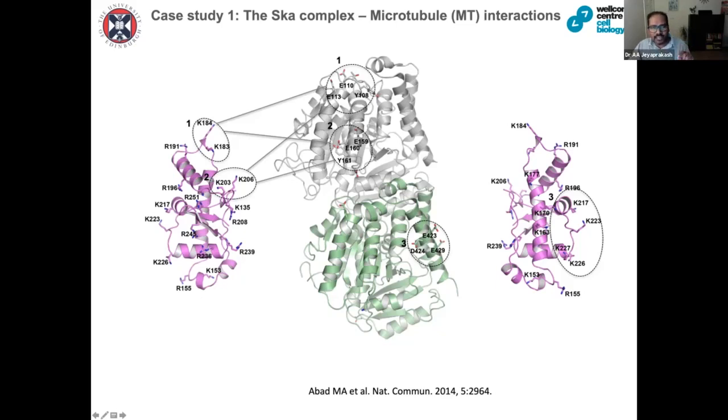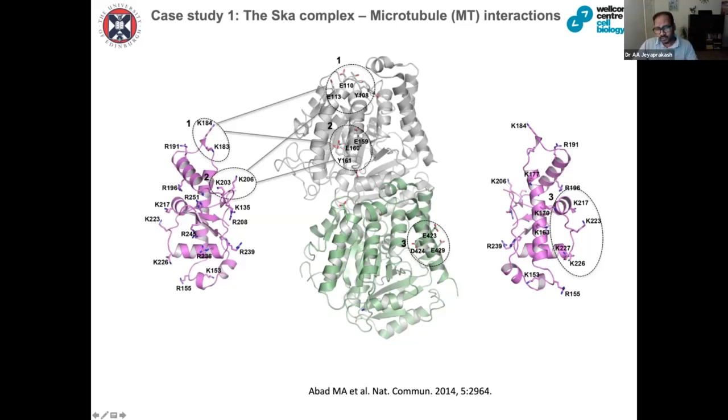So SCAR1 can bind beta tubulin in two different ways: clusters 1 and 2 facing clusters 1 and 2 of beta tubulin, or if you just flip the SCAR1 microtubule binding domain, clusters 2 and 1 can still make contacts with clusters 1 and 2 of beta tubulin. So it shows the SCAR complex can bind microtubules in multiple different ways.